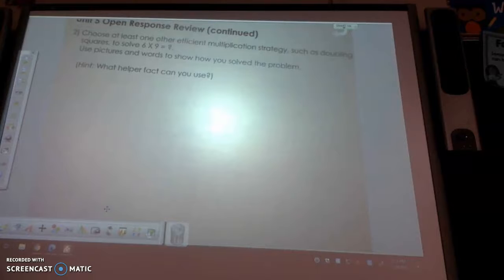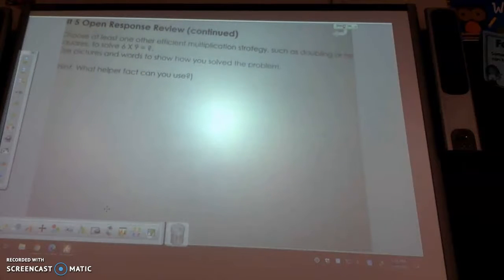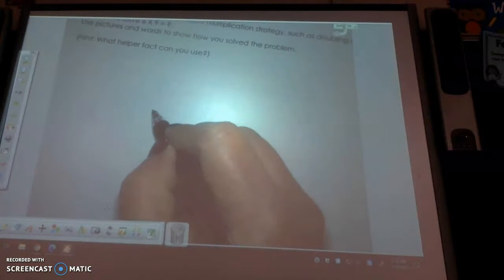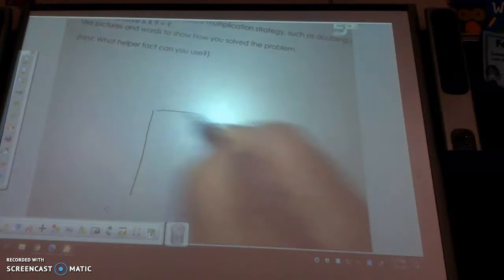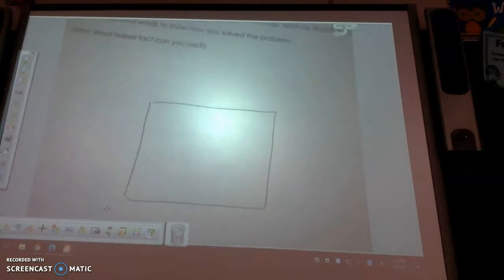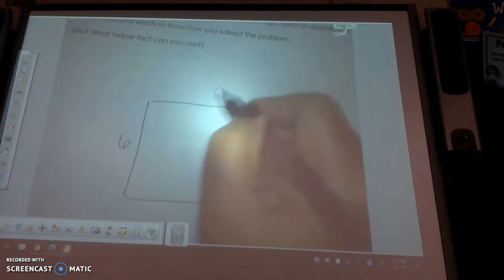Now, you have learned a lot. You've learned the break apart method too. So you can use any strategy, not the one that they used, but a different one. So I am going to use the doubling. So you know with doubling, we make a square like this. And then we put 6 times 9.